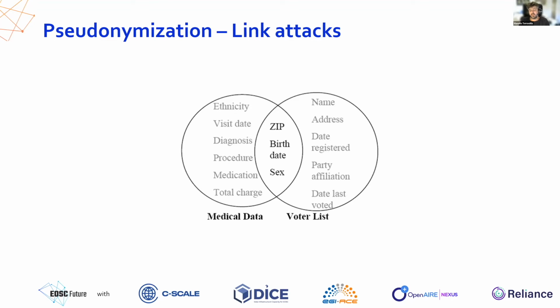So by intersecting this data, you could really re-identify the persons in the medical data, since it proved that almost everyone was unique if you took their date of birth, their zip code, and their gender into account. So this pseudonymization, which was not careful and did not provide a guarantee, was easily broken, and very sensitive information could be revealed.